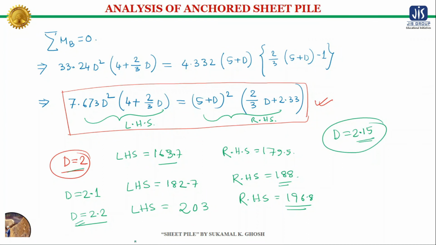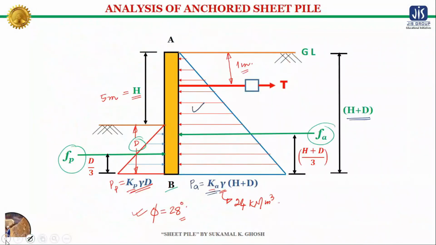If you consider that D is equal to 2.15, then the left hand side will be equal to the right hand side. So the depth below the dredge level of the sheet pile is 2.15 meter. This is the answer. So this depth D is equal to 2.15 meter.